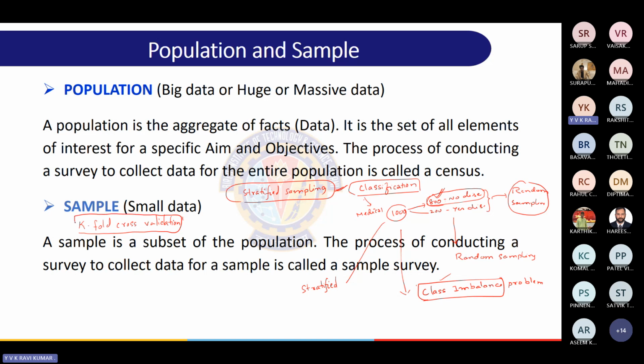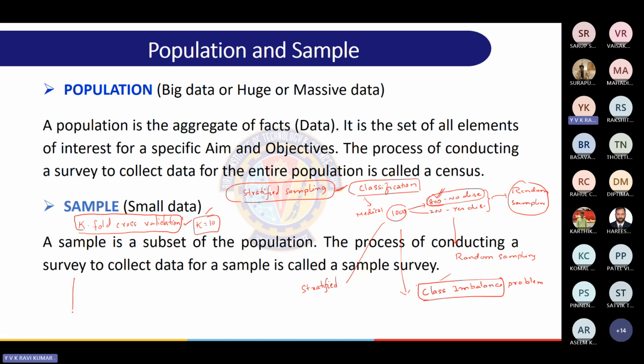K-fold cross validation. When you have a classifier, any kind of classification algorithm, to validate it, training, testing, etc. One more concept is k-fold cross validation, where k is the number of samples that you want. Suppose you put k equal to 10.